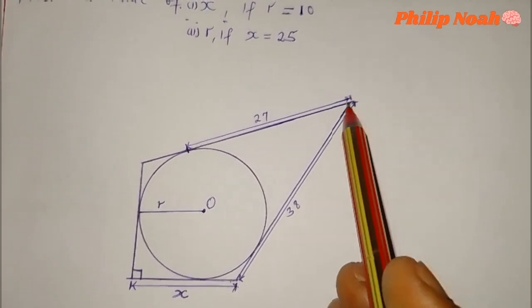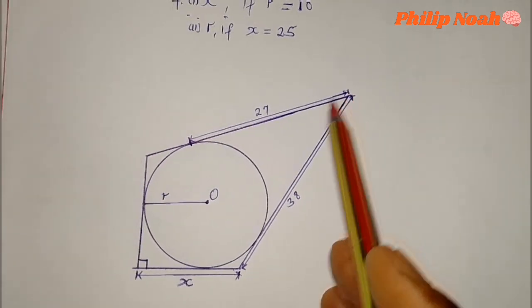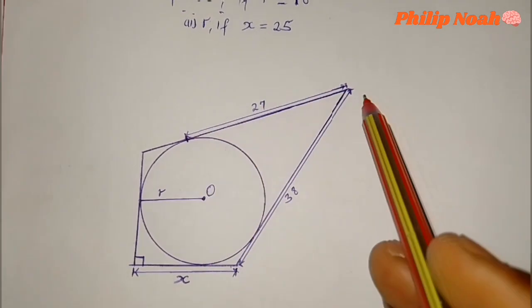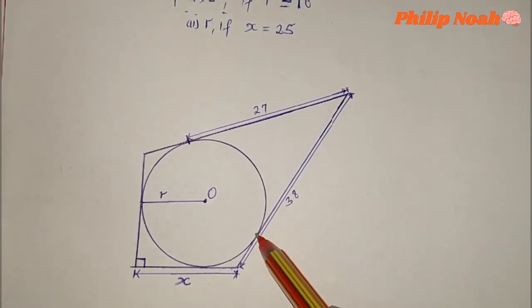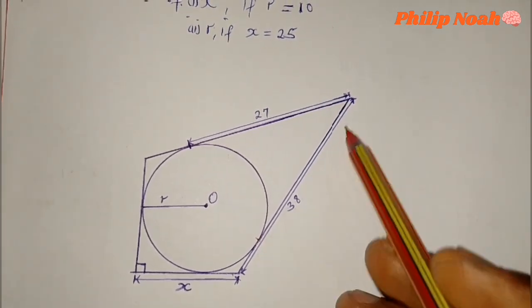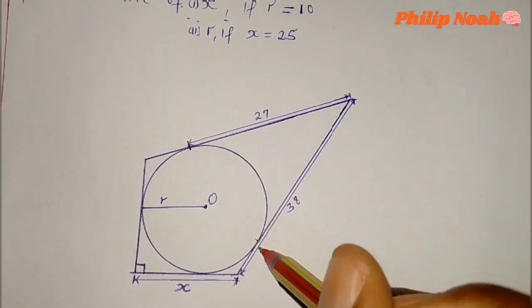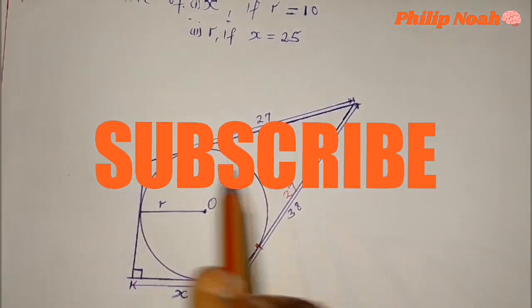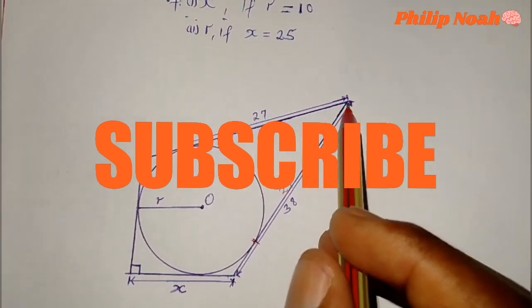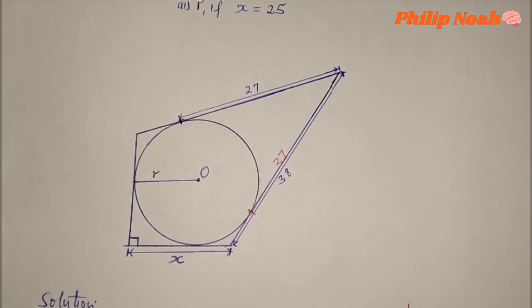I mean that the distance from this point to this point is 27, and it is the same as the distance from this point to the point where this tangent touches the circle. So from this point to this point is also 27. That's what it means by tangents to a circle from an outside point are congruent.